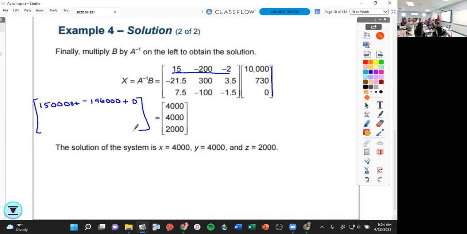Now, if you add those together, do you get 4,000? You do, right? And so that's what's going on.